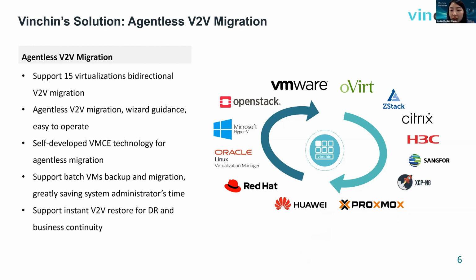If you are considering solutions with high requirements for RTO and short business downtime, or you want to prevent virtualization level risk in emergency cases, our instant agentless V2V restore is a suitable solution for you. We can restore the virtual machines from the original virtualization to a new one with an RTO of 1 minute to help you achieve business continuity.